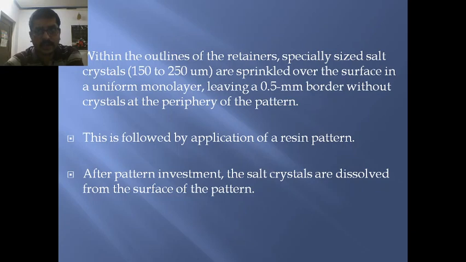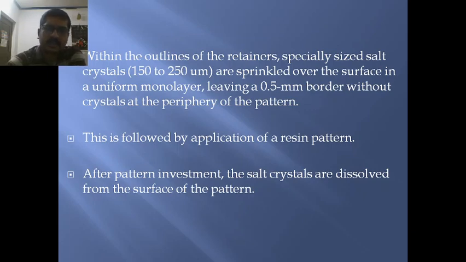Within the outlines of the retainers, specially sized salt crystals of about 150 to 250 microns are sprinkled over the surface in a uniform monolayer, leaving a 0.5 mm border without crystals at the periphery of the pattern. This is followed by the application of resin pattern as usual.